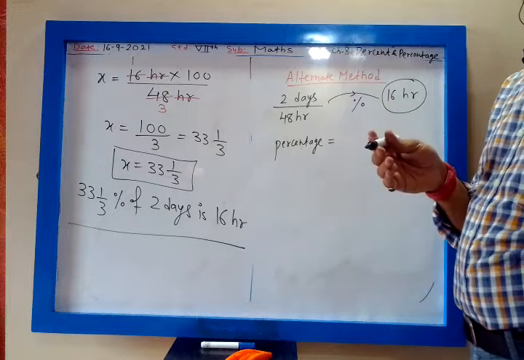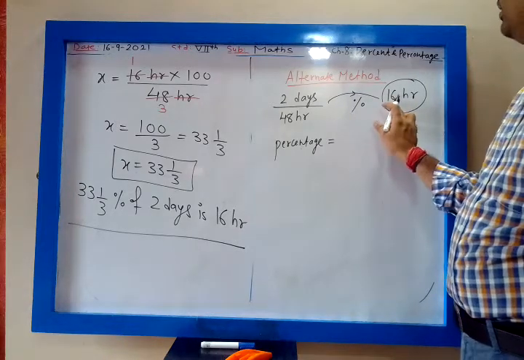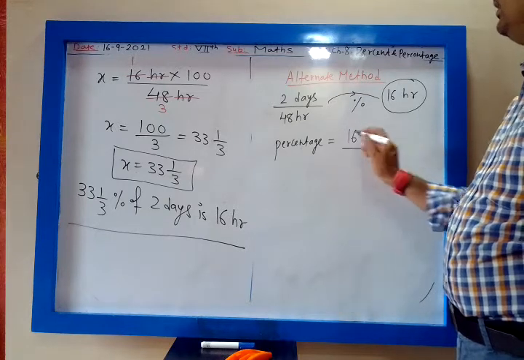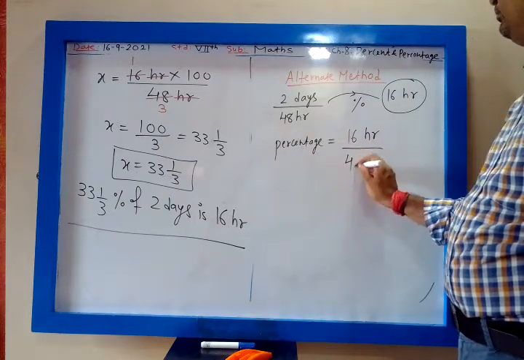Of what percent? So we write the smaller number in the numerator, 16 hours divided by 48 hours.